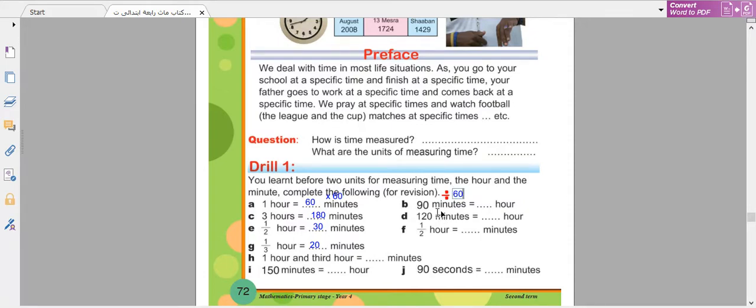If we divide 90 by 60, we will find out that we have 1 hour and a half.